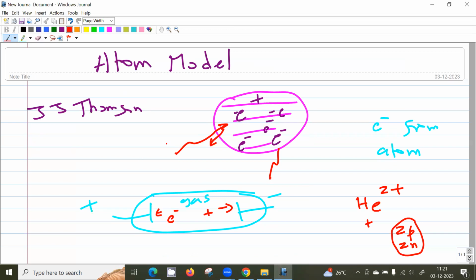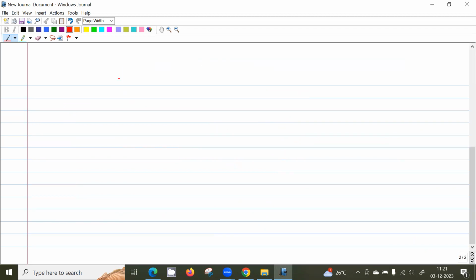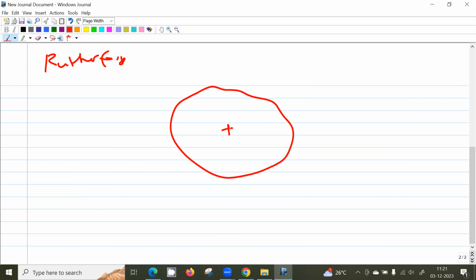Because according to this model, the positive charge is uniformly distributed everywhere, so most of the alpha particles should get scattered by a large angle. So Rutherford modified this model of the atom. He concentrated most of the positive charge of the atom at the center, which is the nucleus, and the electrons are revolving at a distance.